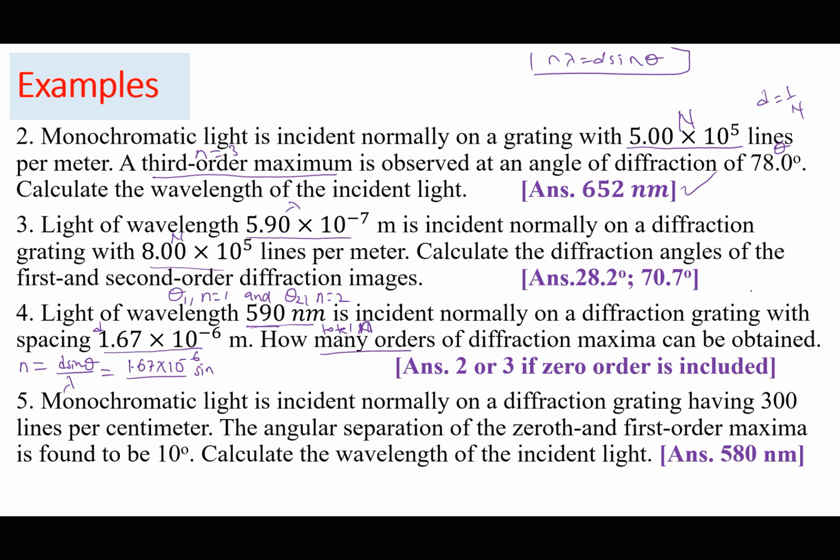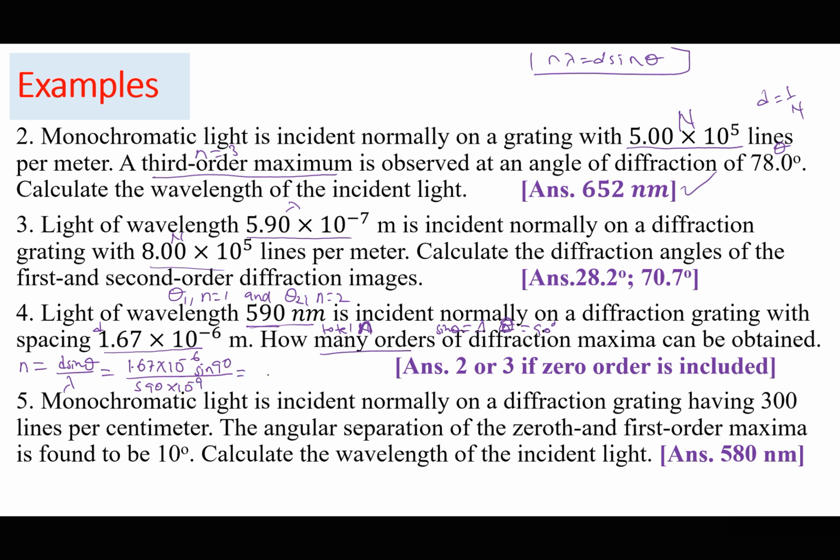Of course, for n to be maximum, sine theta is going to be equal to 1, or theta must be equal to 90 degrees. Remember we said small letter n, the number of orders, has a limit, and the limit depends on sine theta, which has a limit of 1. That is when theta equals 90 degrees. So this is times sine of 90 divided by the wavelength, which is 590 times 10 to the power of negative 9, because it was in nanometers.